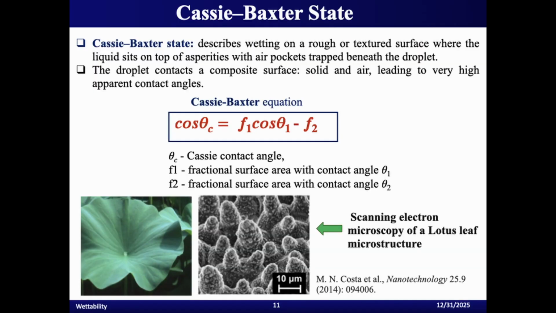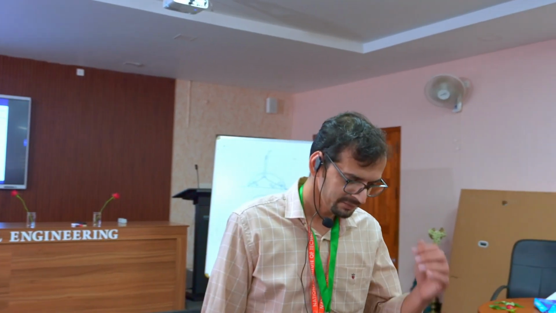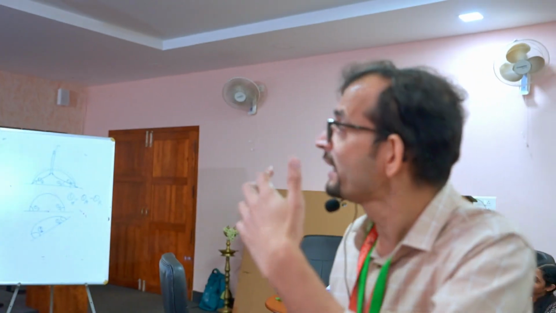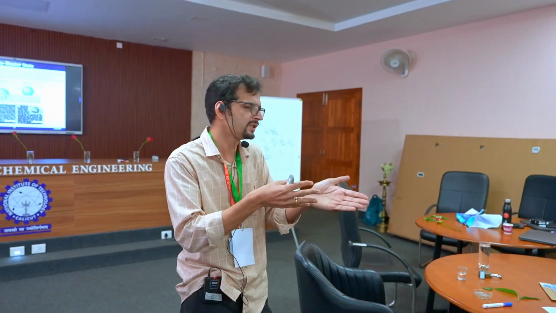Now the other extreme case, our lotus. Banu, you remember these images? The bottom one, right? This is the extreme case. You have a specific pitch you have to satisfy, and with some materials it is not obvious to get Wenzel or Cassie. You can have a transition depending on the volume and surface tension of the droplet.